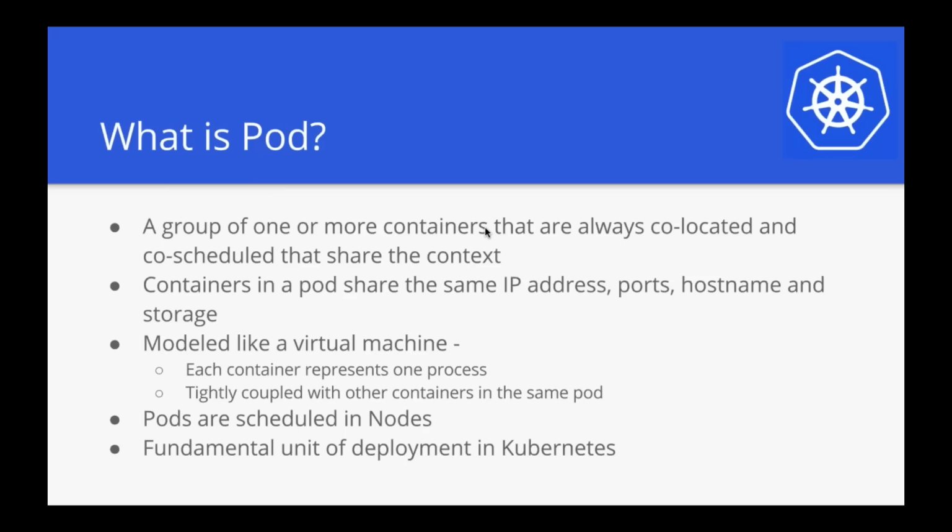Inside of a pod, we actually run multiple containers, or at least more than one container. There are some cases where you would run one container in a pod, but those are less common. Ultimately, we're running multiple processes or multiple containers that are tightly coupled or co-scheduled together in the same context.